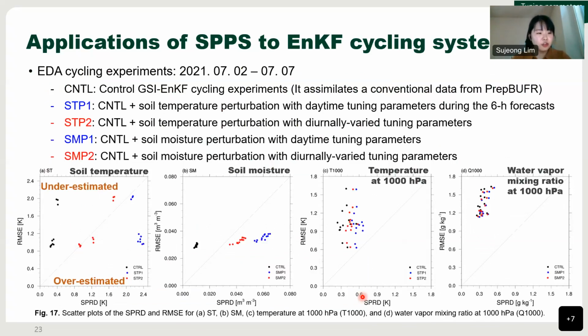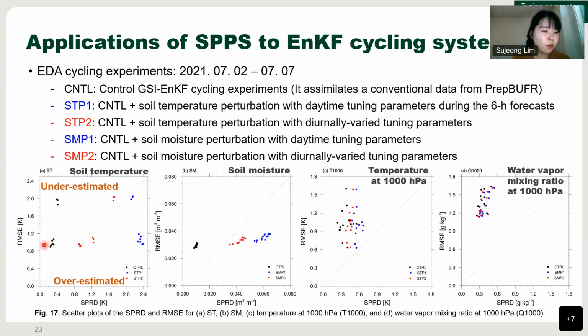Using the optimized tuning parameters, we activate the SPSS scheme in the ensemble data assimilation system. Results showed that the control experiments in black color showed an underestimated ensemble spread in soil temperature, soil moisture, and temperature and water vapor mixing ratio at 1,000 hectopascal.